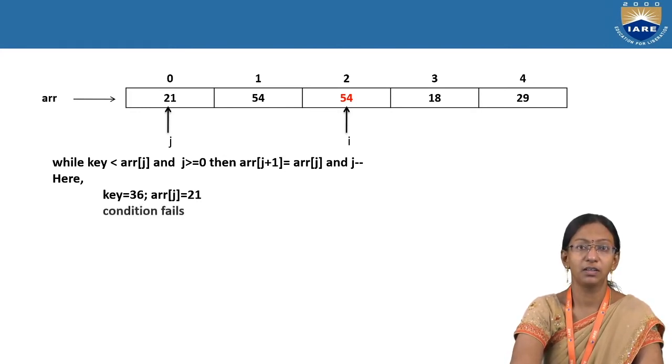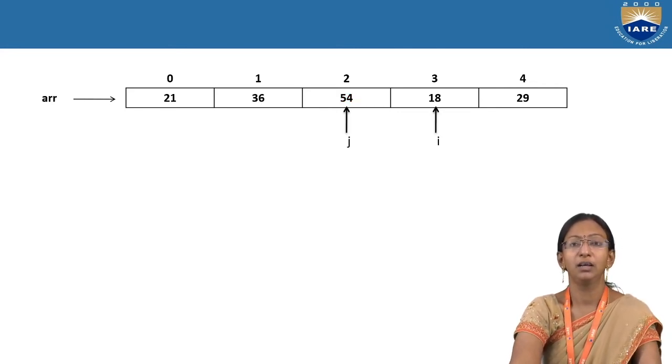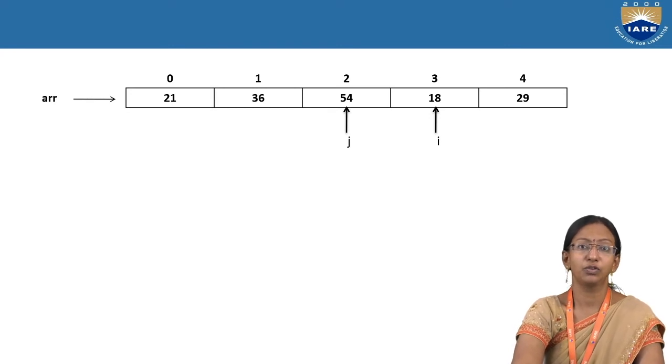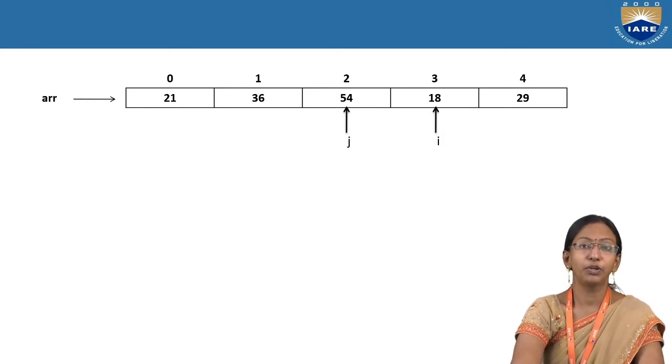The condition fails, which means the while loop breaks. Once the while loop breaks, we come out of the loop, and before i gets incremented, the key value is placed in the j plus 1 position. So at index 1, 36 is going to sit. Now, as i got incremented, i is pointing to index value 3.